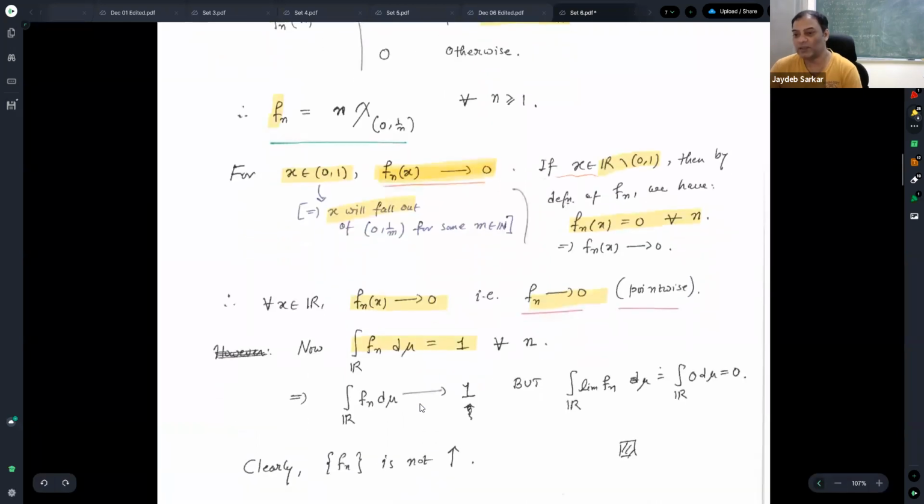If that's the case, it's a constant sequence, so this will converge to 1, right? However, we observed that the limit function is the 0 function, so the integration of the limit of Fn is the integration of the 0 function, which is 0. So this is 0, but that one converges to 1, and hence the conclusion of MCT doesn't work. MCT fails for this.